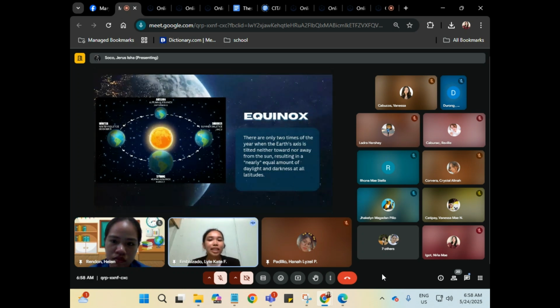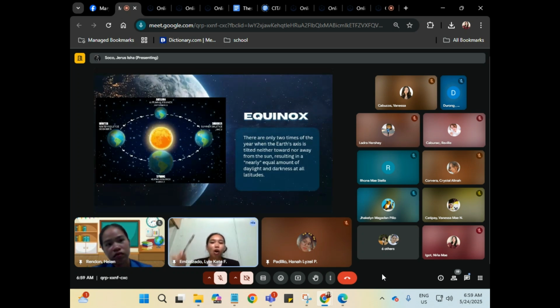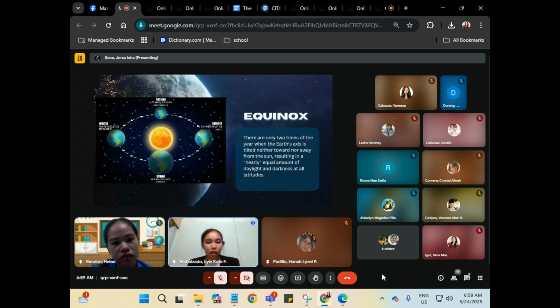The word equinox is derived from two Latin words, aequus, which means equal, and nox, which means night. At the equator, class, you know where the equator is situated, right? At the center of the earth, as teacher Helen taught you earlier. The sun is directly overhead at noon on these two equinoxes.